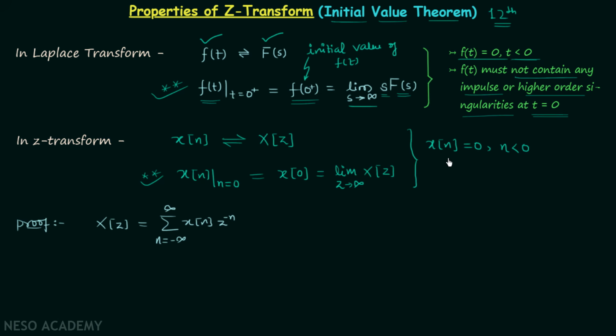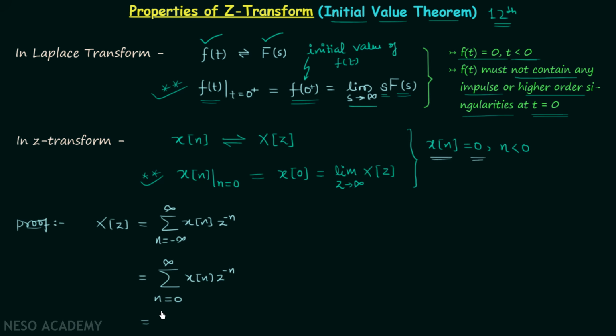Now according to the condition, x[n] should be 0 for n less than 0. Therefore we can write down the summation with a new range, n equal to 0 to n equal to plus infinity. Signal x[n] multiplied to z power minus n.